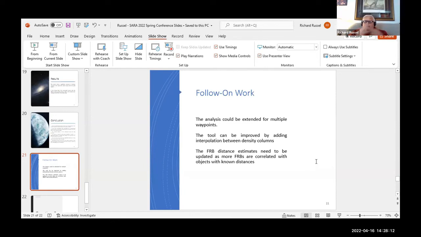And FRB distances: the big assumption I put in here was, how do I get an estimate for FRB distances? The way I did it just gave me a distance that I needed for densities, but there's got to be better ways to come up with the FRB distances, even for the non-repeaters, which is what this estimate did.